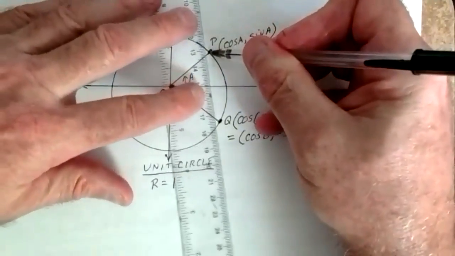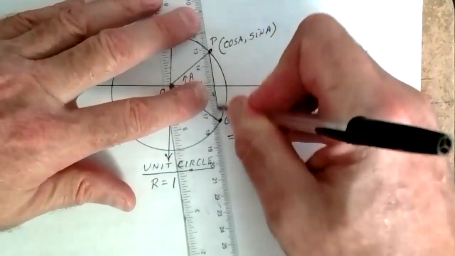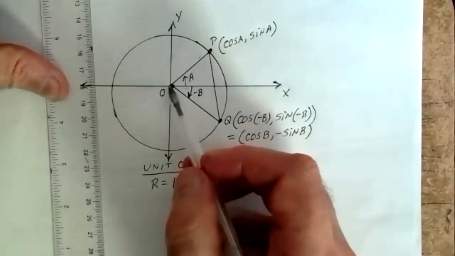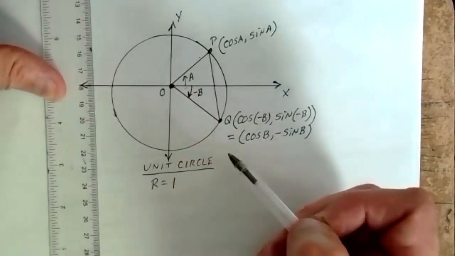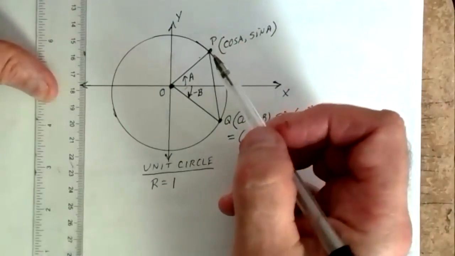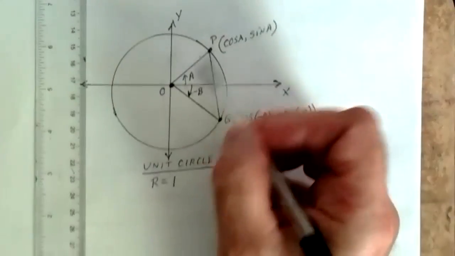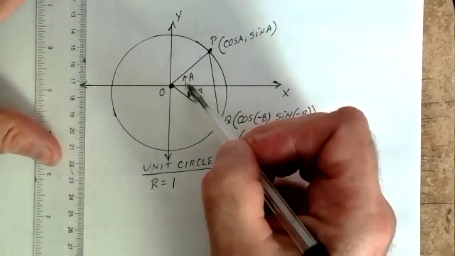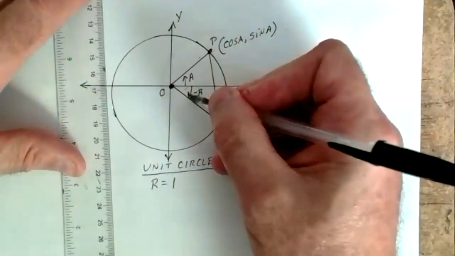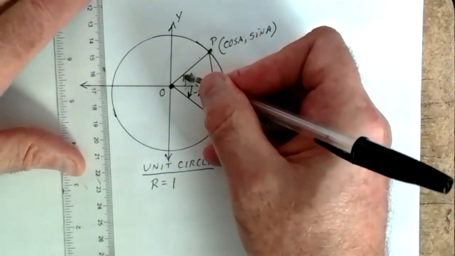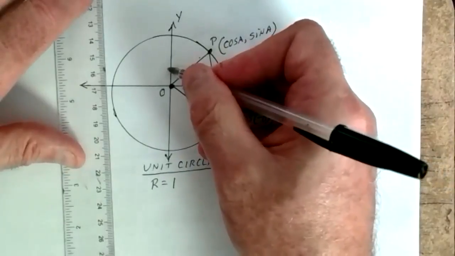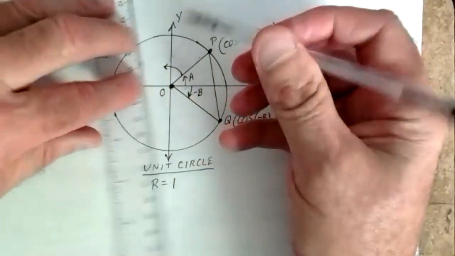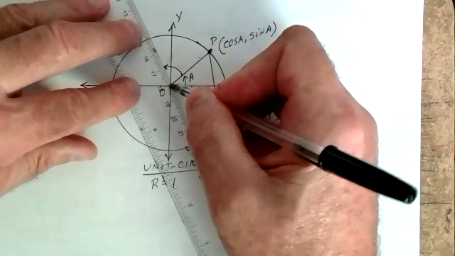I'm going to connect points P and Q, and we can see that we have a triangle here. If I take this angle A here, and if I rotate it counterclockwise B degrees, all right, if I rotate this angle A B more degrees, the terminal side, let's say, lands in the second quadrant here.